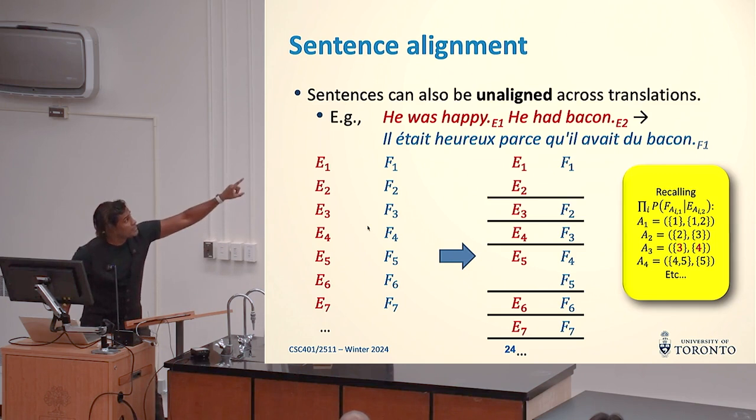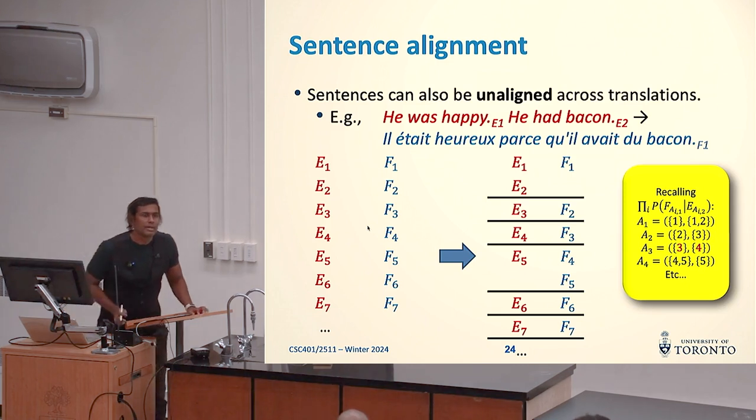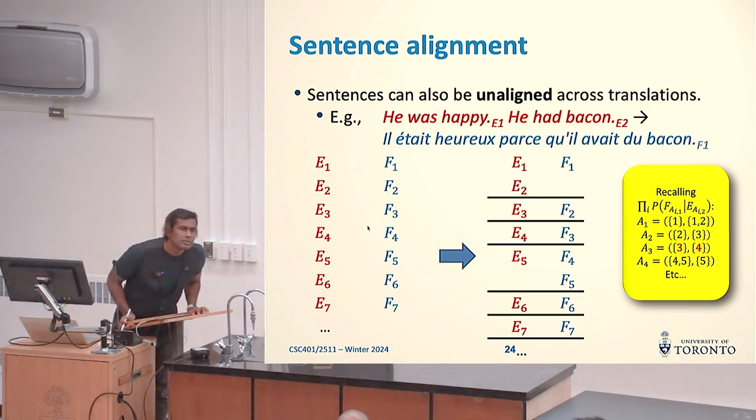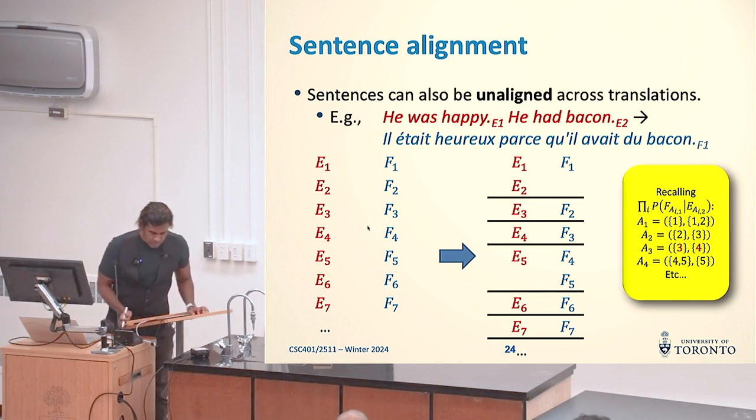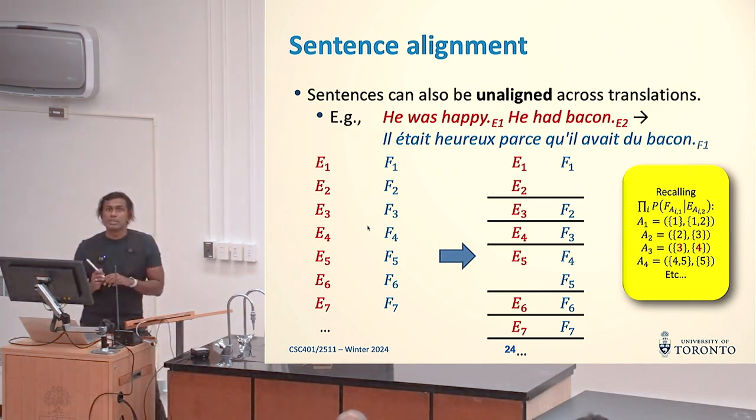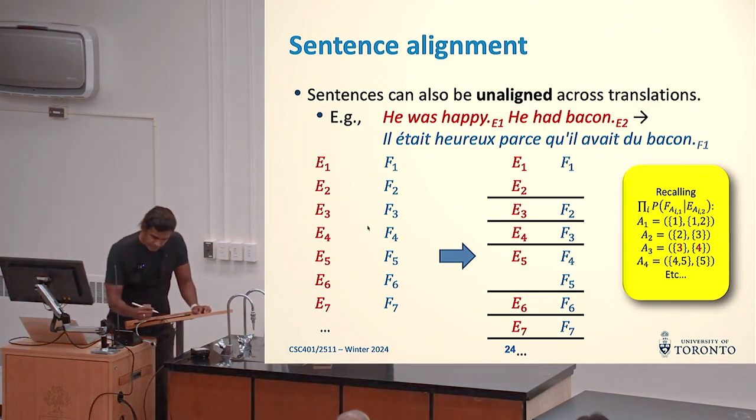So we're saying that sentence E1, "he was happy," and E2, "he had bacon," are aligning to the entire sentence. Okay? What does it mean for a sentence to be conditionally independent? Okay, so the question was about the conditional independence.